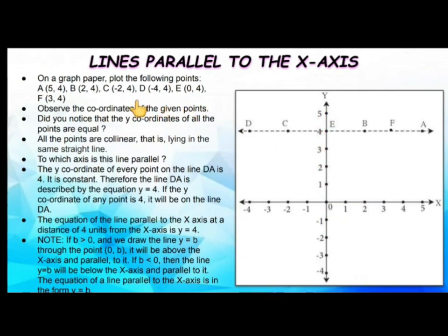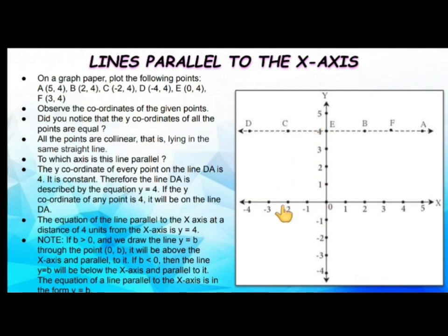Similarly, we plot points C, D and F. So we locate the position of the point C with x coordinate as -2 and y coordinate as 4, which is, on the x-axis we locate where is -2, that is here. And on the y-axis we locate number 4, which is here.